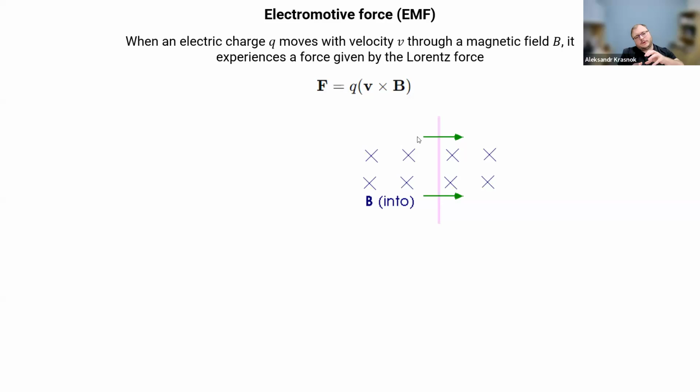So let us consider a piece of wire, indicated in pink here, placed in the magnetic field, which is oriented into the screen. And this wire moves from left to right. The fact that the wire moves means that every electron sitting inside of this wire moves along with the wire, right?